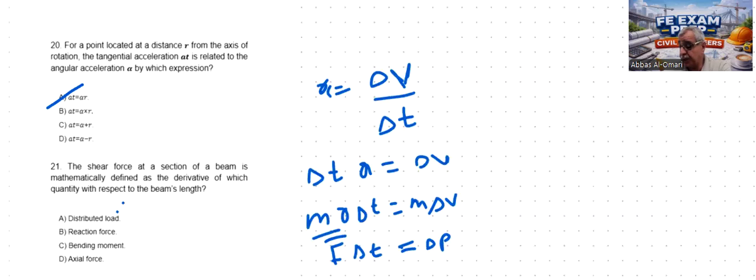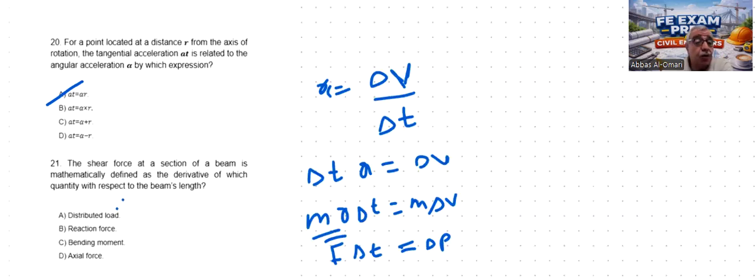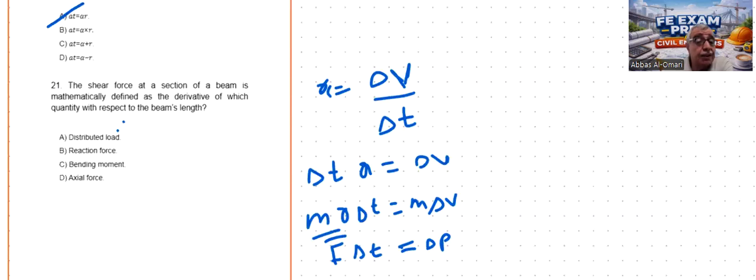The next question. The shear force at a section of a beam is mathematically defined as the derivative of which quantity with respect to the beam's length? Now, shear force is the derivative of the moment. V of x is the derivative of M of x.